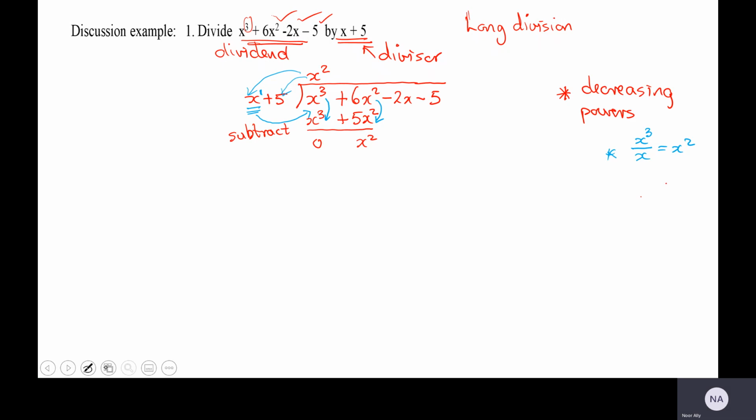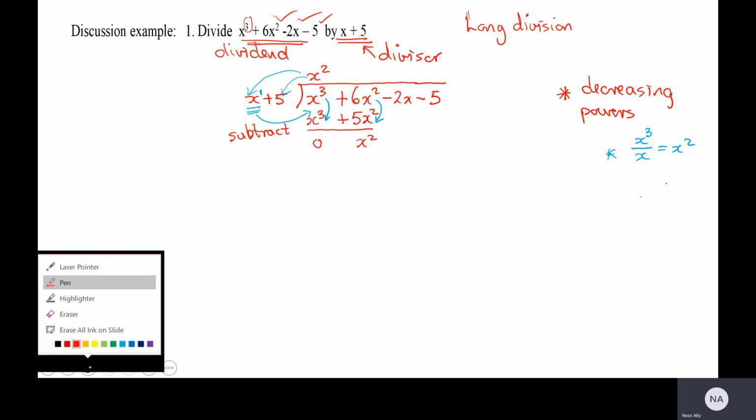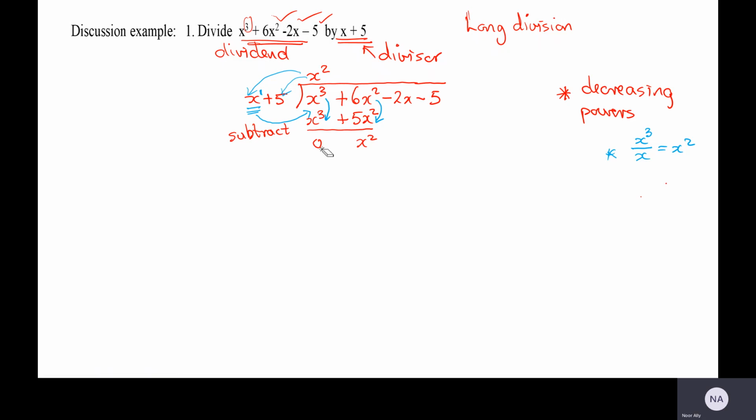Maybe it would be wise to simply erase, or don't write 0 over there at all. Just write the terms that remain. Now that we have that, what do we do next? Then we simply repeat the process.